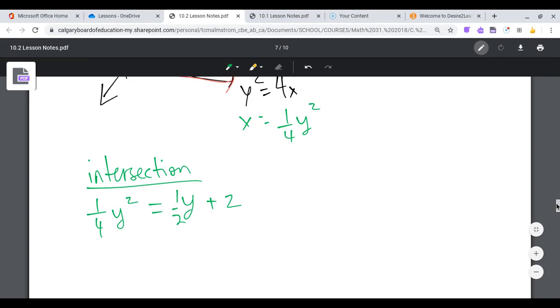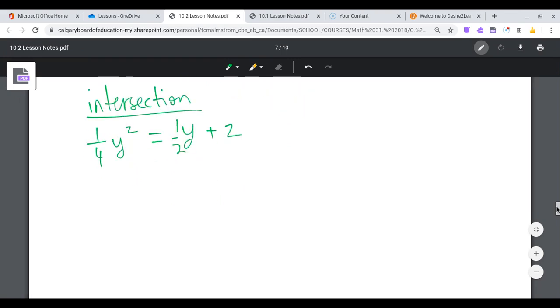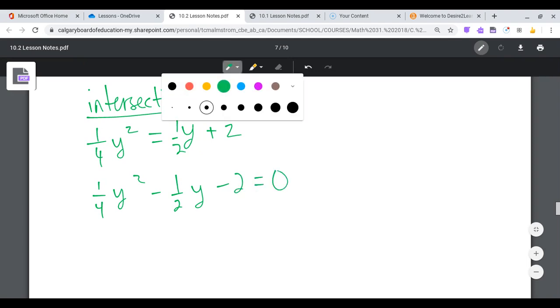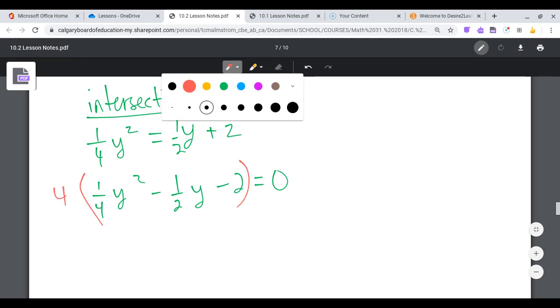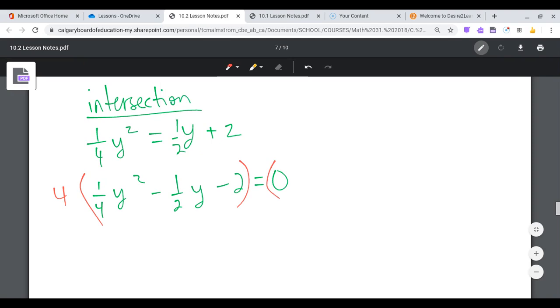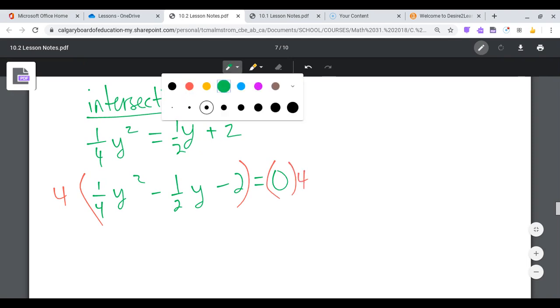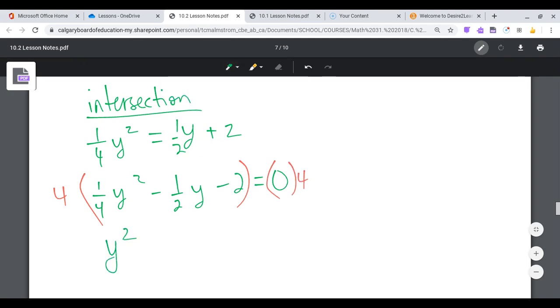Hopefully you're okay with that math. Then I can go ahead and solve this. So I have 1/4 y squared minus 1/2 y minus 2 is equal to 0. Multiply everything by 4 because I don't want to work with fractions for factoring. Then I get y squared minus 2y minus 8 is equal to 0.